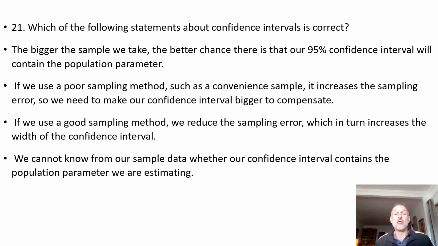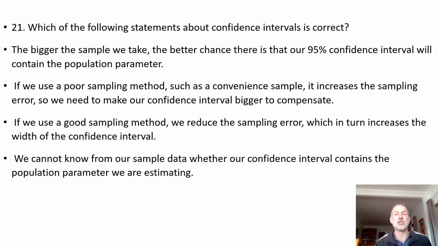If we use a good sampling method, we reduce the sampling error, which in turn increases the width of the confidence interval. We cannot know from our sample data whether our confidence interval contains the population parameter we are estimating.